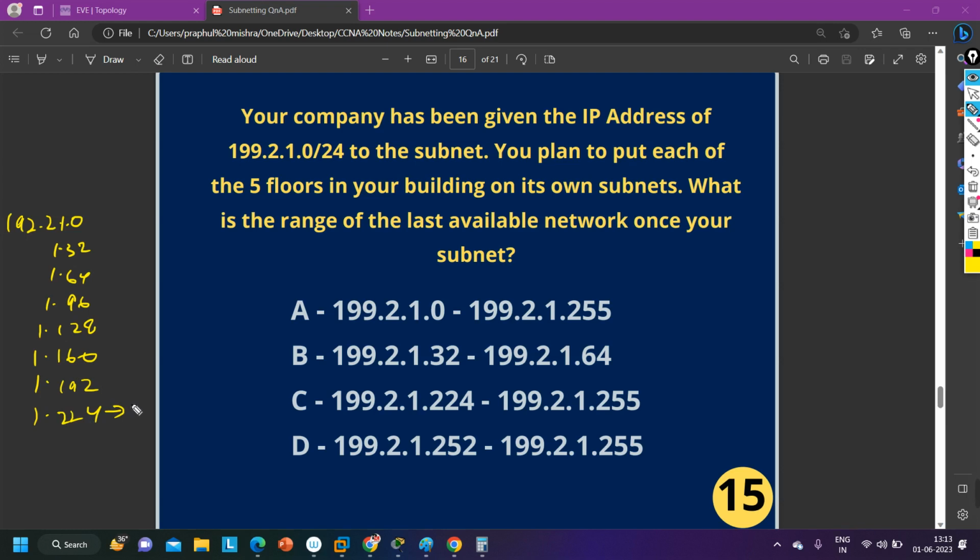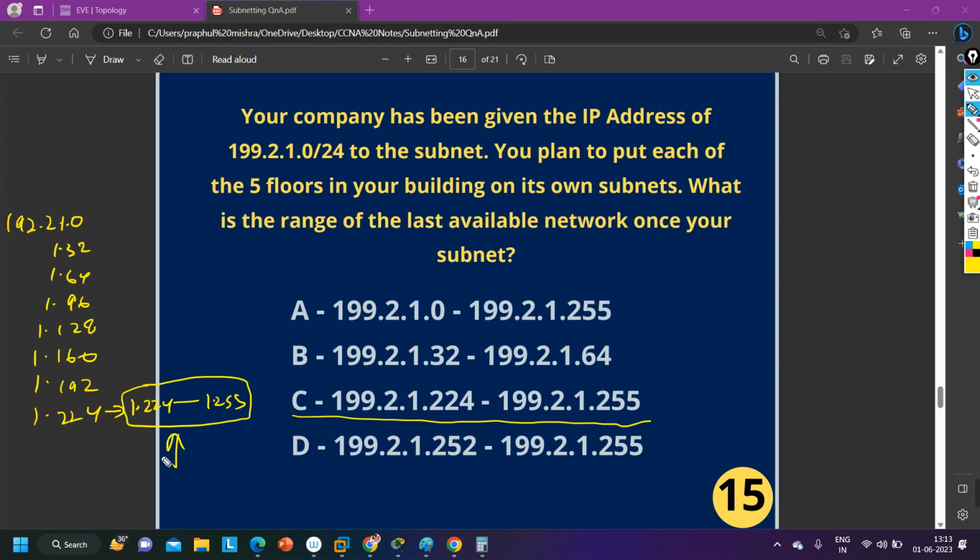So the first valid IP address will be 1.225, and the last IP address will be 1.255. So this will be the range. Let me check option A. No. Option C. You guys were saying option A is the right answer, but see, option C is the right answer.